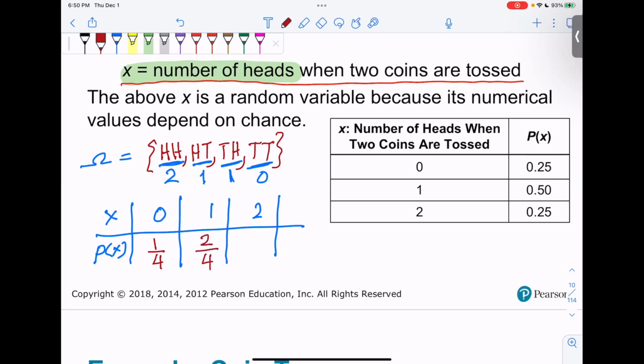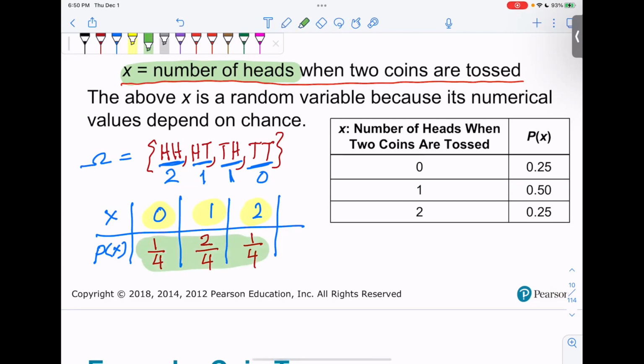What about 2? 1/4. Okay, so now this is our distribution. Let's see, can we call this one a probability distribution or not? Let's check our 3 conditions. The first one, numerical, which is those values. Numerical, right? So the first one, okay. The second one, the summation of those probabilities must be equal to 1, which is those.